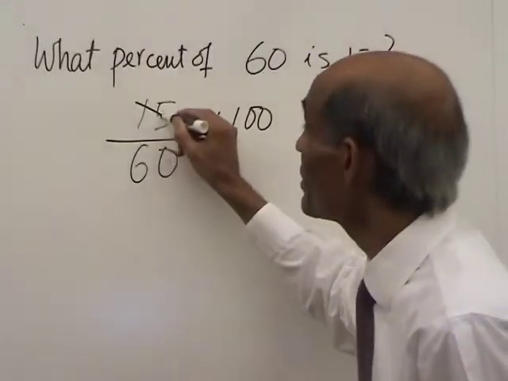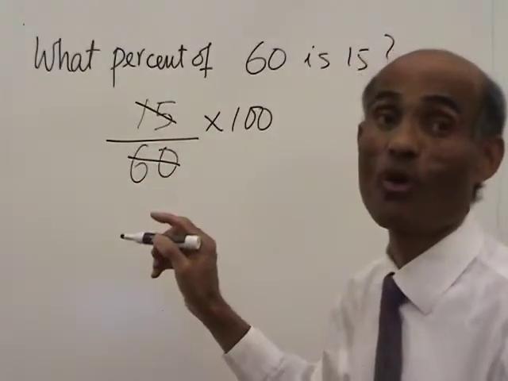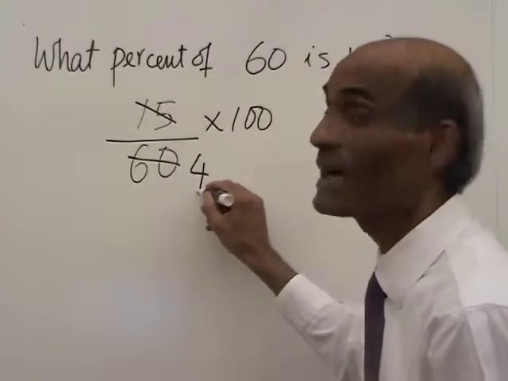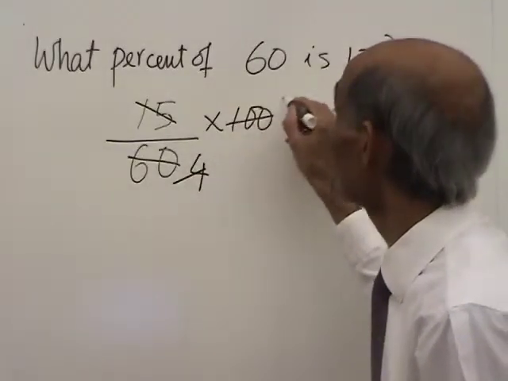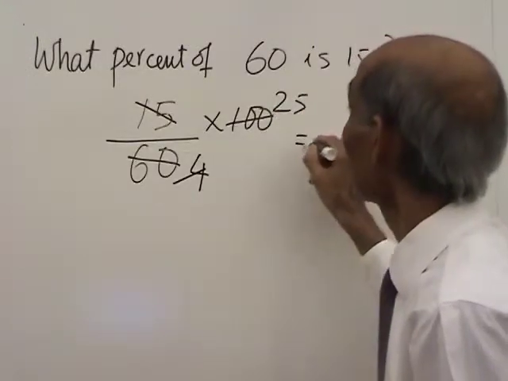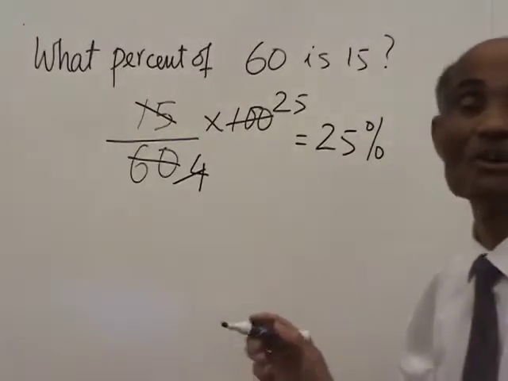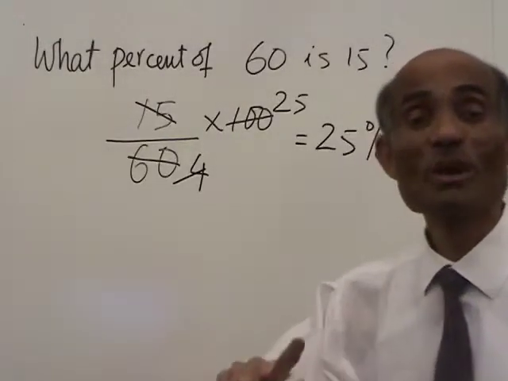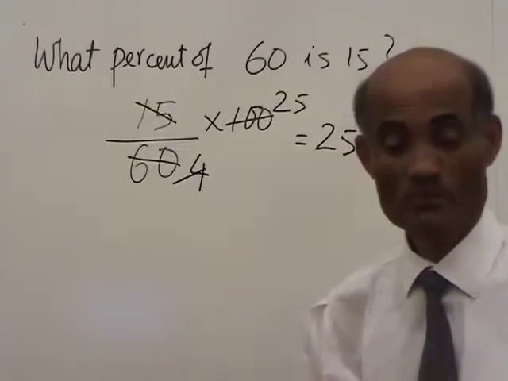Now, 15 goes in 60 how many times? 15 times 4 is 60. 4 times. And 4 goes in 100 25 times. So the answer is 25%. 15 is 25% of 60. Alright?